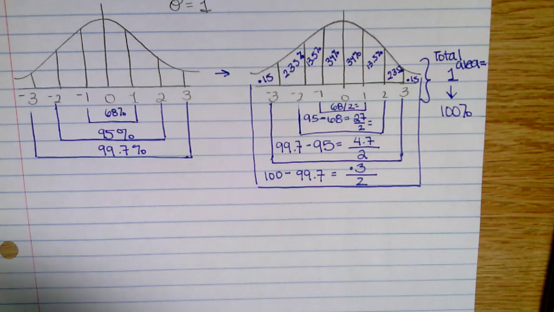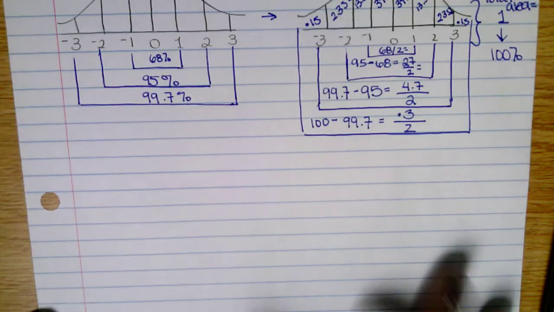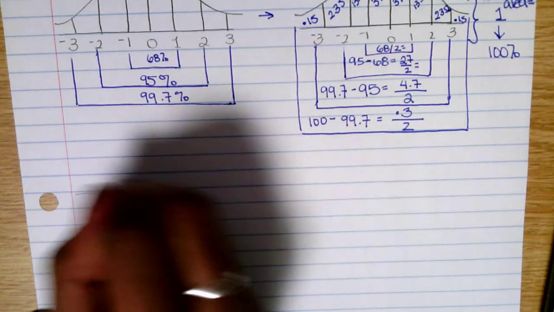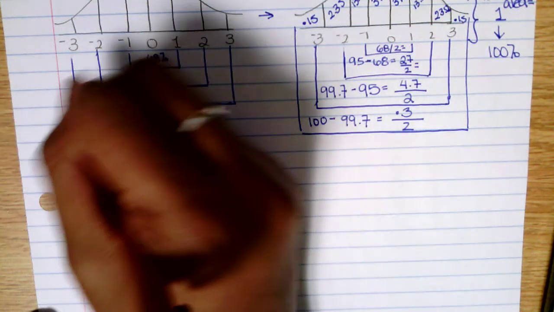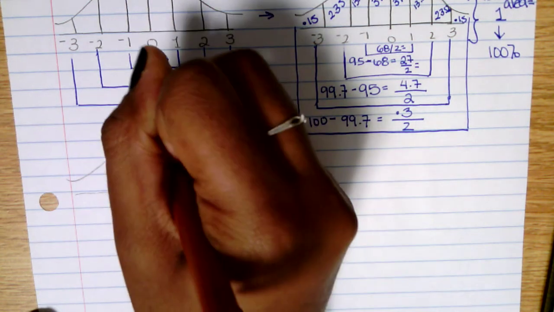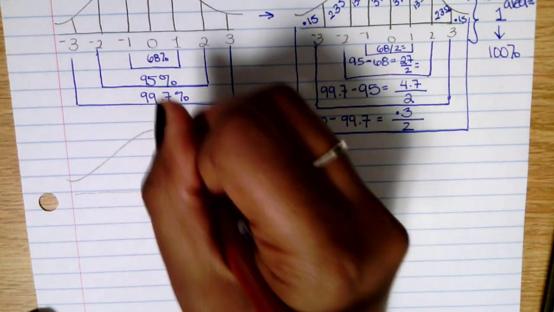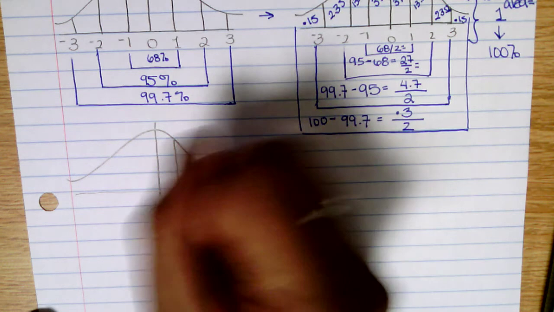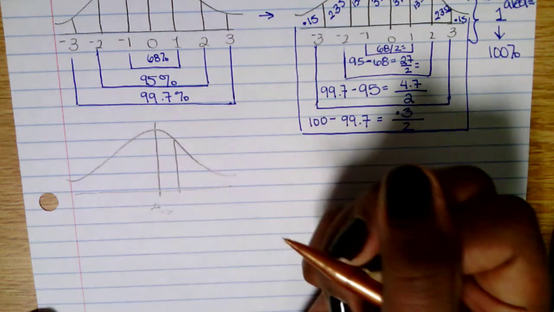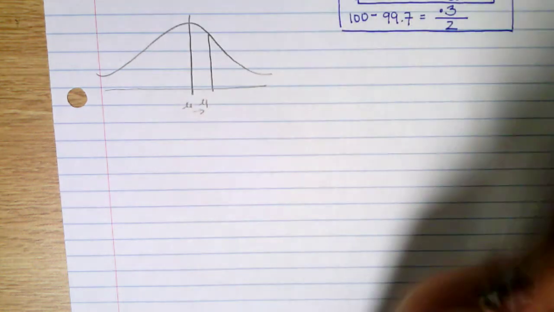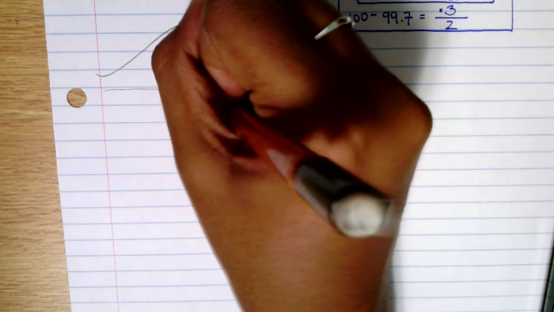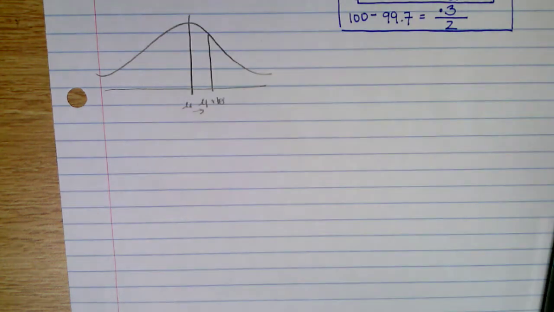Another way to remember the empirical rule is that it's set up as kind of an addition or a subtraction equation. So we have our mean here. One standard deviation to the right is the mean plus 1 standard deviation.